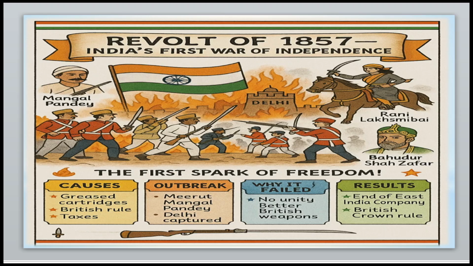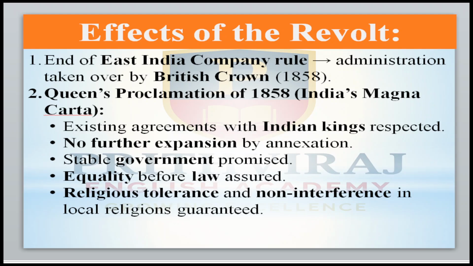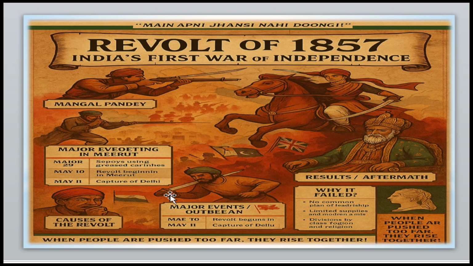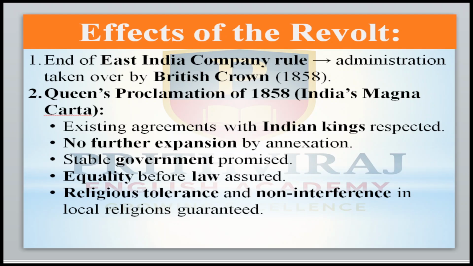Now come to the effects of the revolt. First, the end of East India Company rule. Second, administration was taken over by the British Crown in 1858, meaning the Queen directly started ruling over India. The Queen's Proclamation of 1858 is called India's Magna Carta.